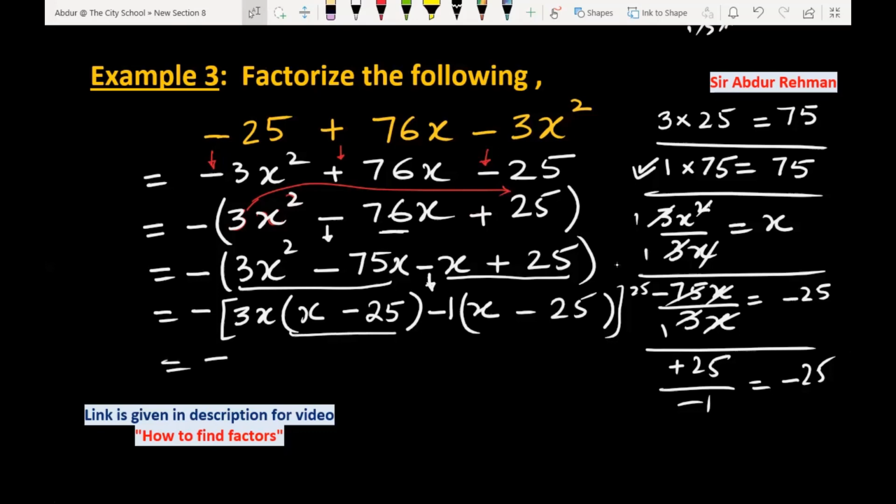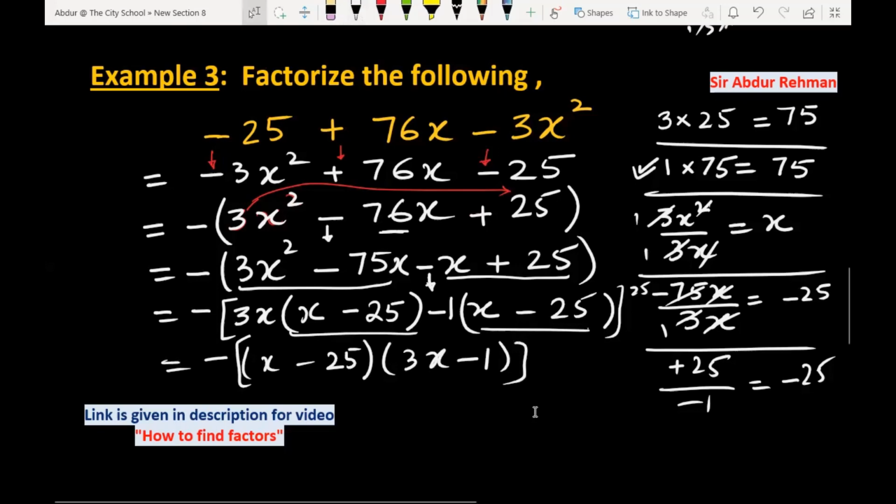The next step: x minus 25 and x minus 25 is common. So bracket x minus 25 times 3x minus 1. This is the answer. But if you want to, you can multiply the minus sign with either bracket, either x minus 25 or 3x minus 1.